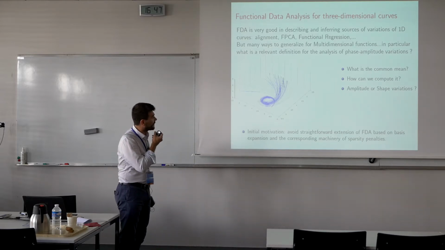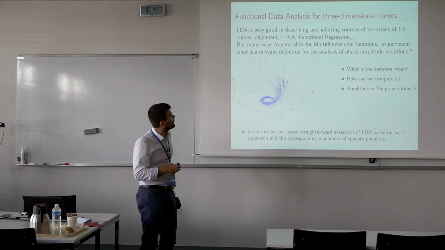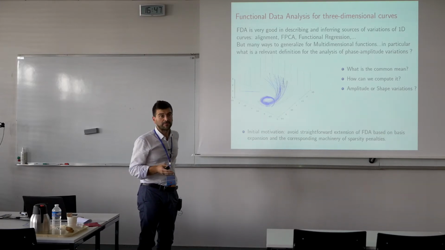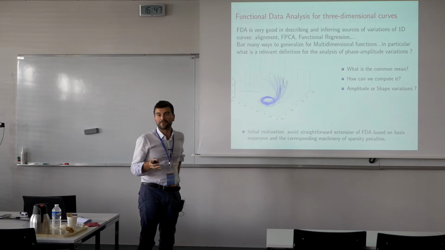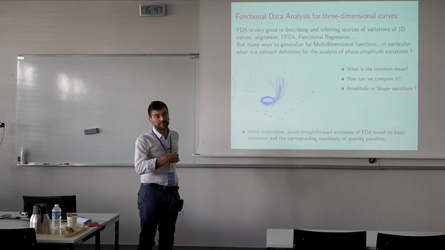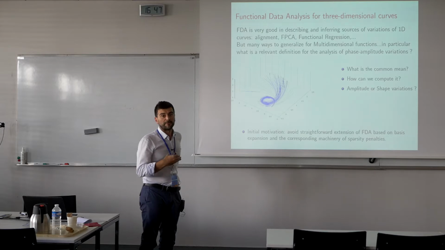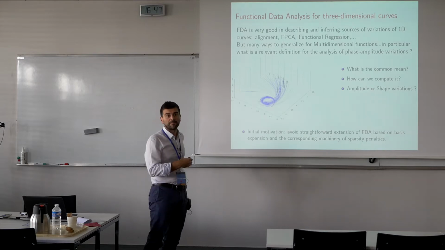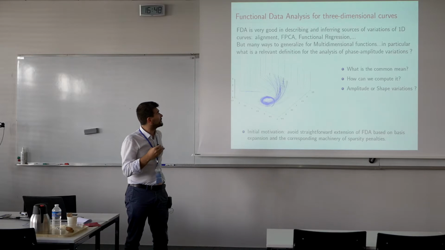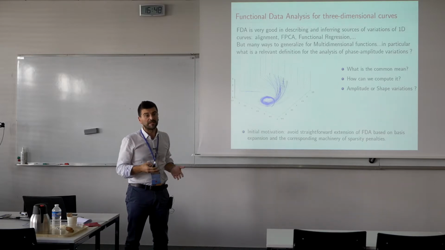So our very first consideration was that FDA is very good and interesting for analyzing 1D curves, because in a way it's very easy: you just have to reconstruct your curve by non-parametric ways, typically basis expansion or local polynomials. And then there is a straightforward way of dealing with the variability.